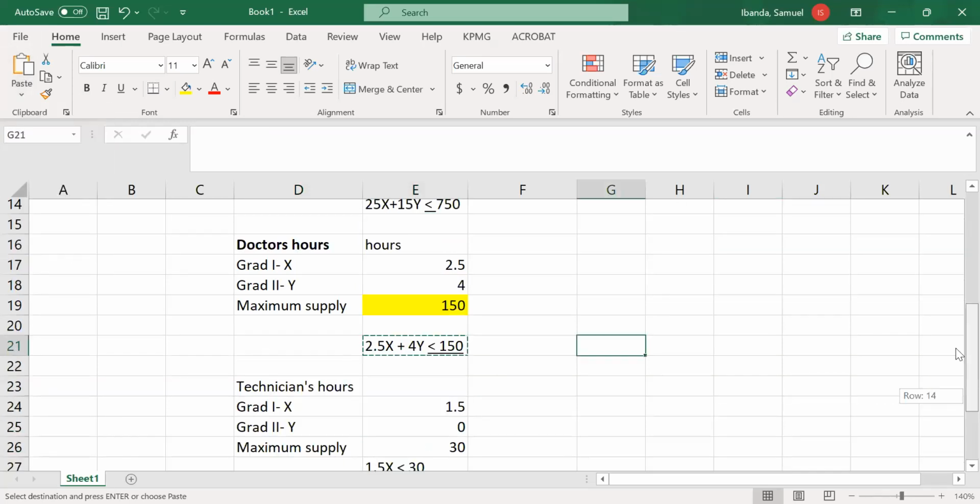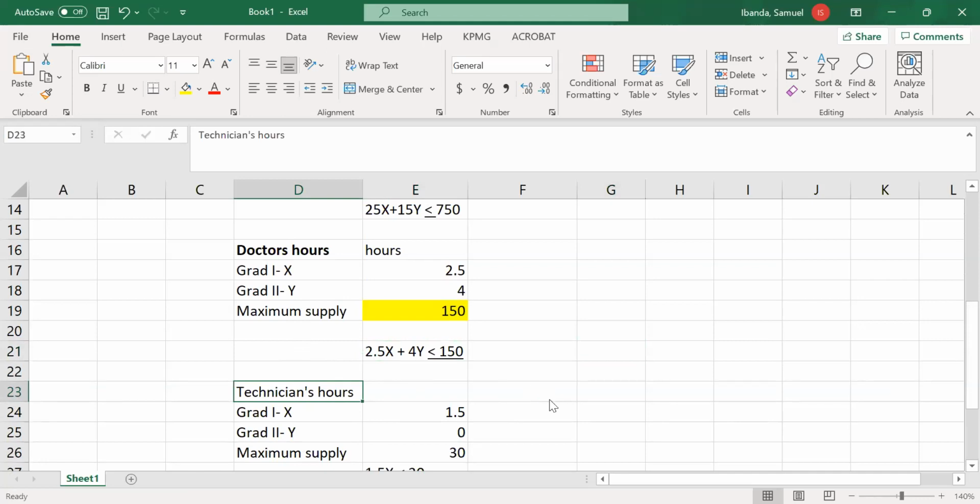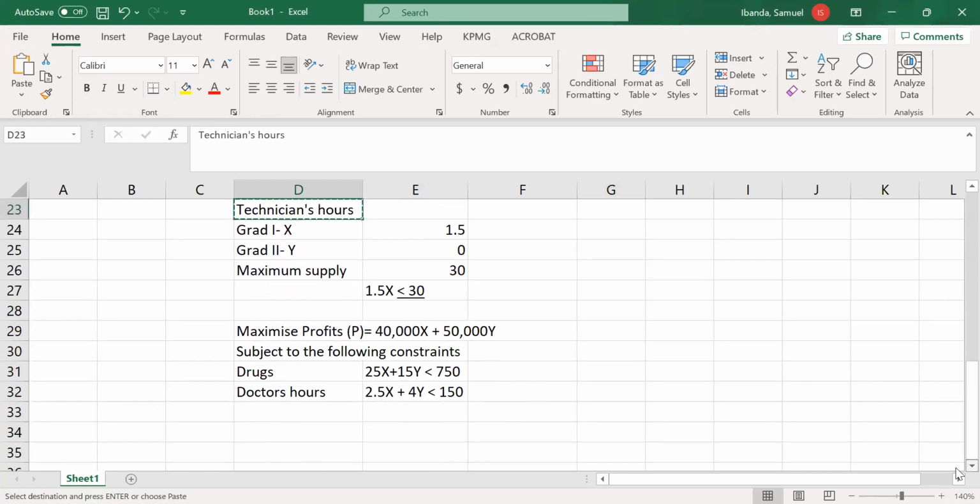And then the next one is the technician's hour, which we have gotten as this, okay? So that is what we basically do have.